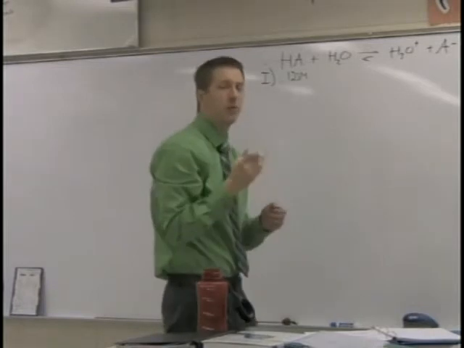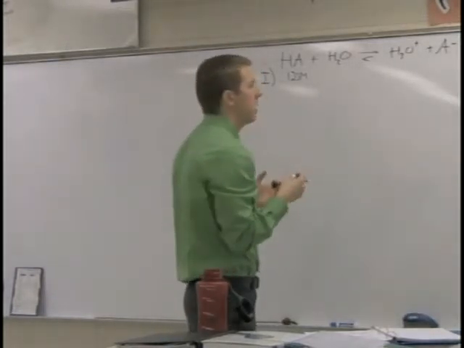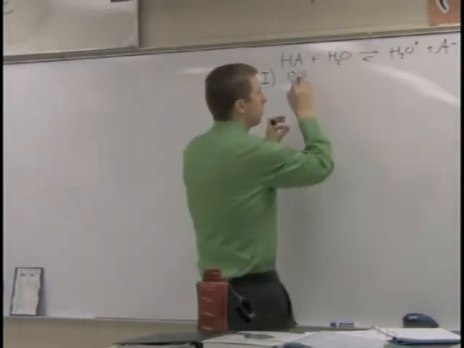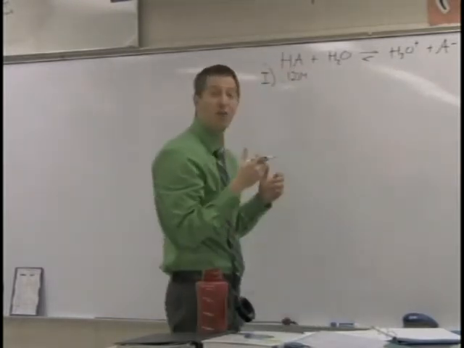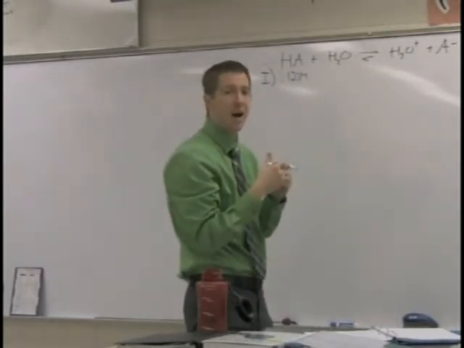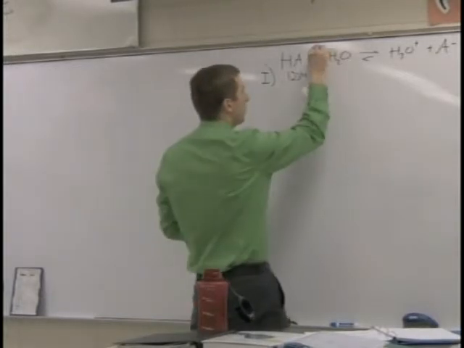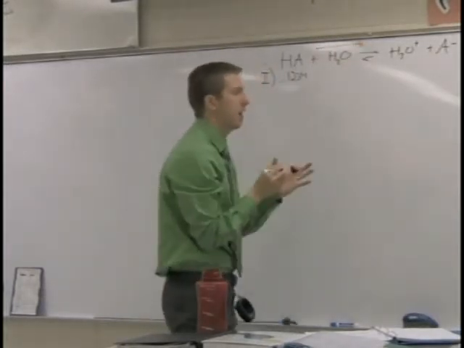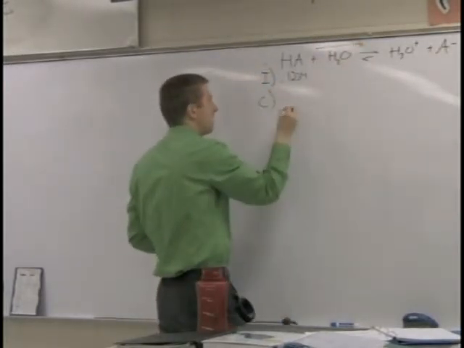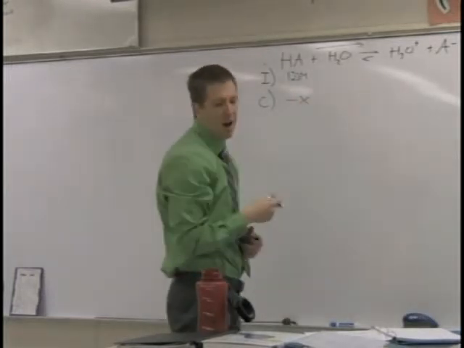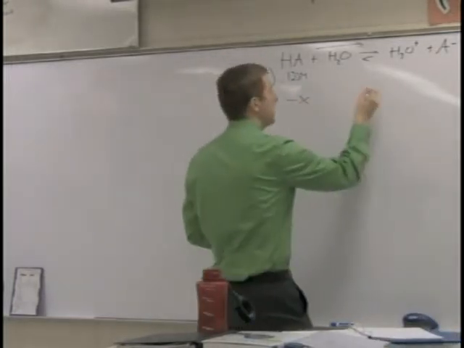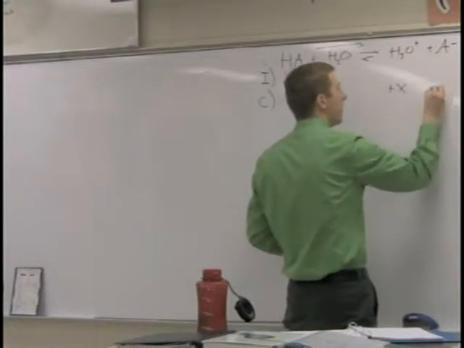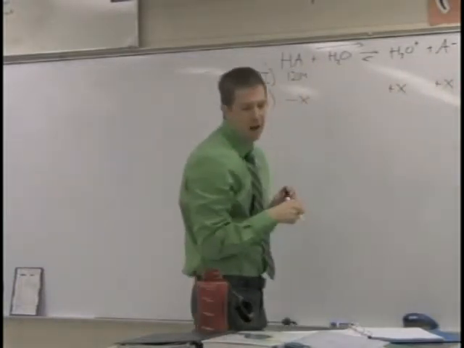Now the nice thing about this as opposed to equilibrium equations, if you recall from the equilibrium chapter, you could have both reactants and products and have to solve for Q first to determine the reaction direction. The reaction is always going to go in this direction, left to right, which means my change then is a negative X. The acid's going to lose a certain amount, which means I'm going to gain a certain amount of hydronium and the acid anion.